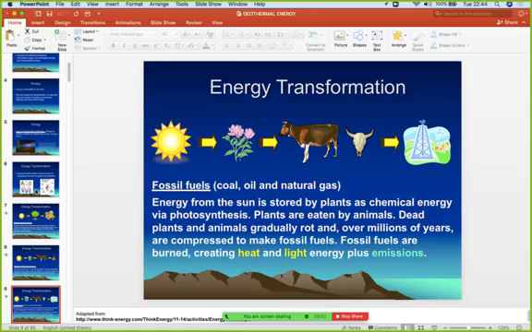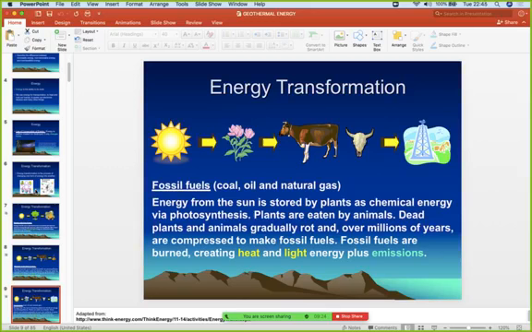These are all fossil fuels. So how do fossil fuels form? Energy from the sun is stored by plants as chemical energy by photosynthesis. Plants are eaten by animals, and dead plants and animals.